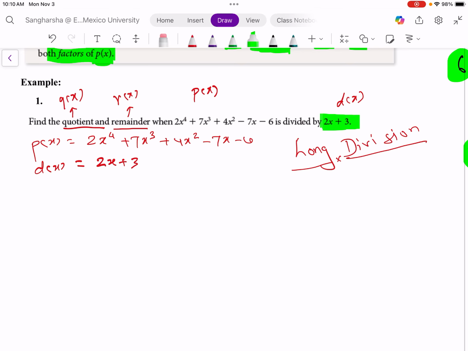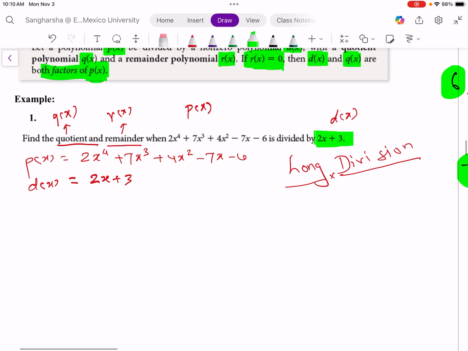So, the exponents: here it is 4, then 3, then 2, then 1, then 0. It's in the descending order, right? So no need to rearrange. Whenever you have your polynomial, make sure you rewrite it in the descending order of exponent of the variable. That's the first step.